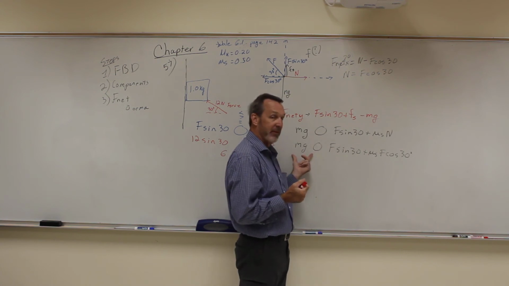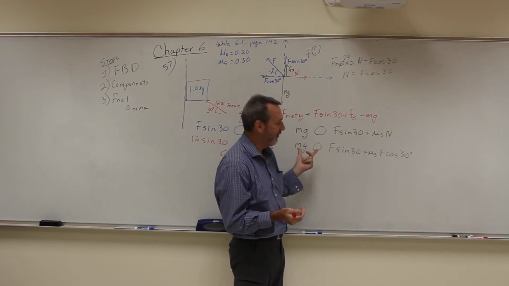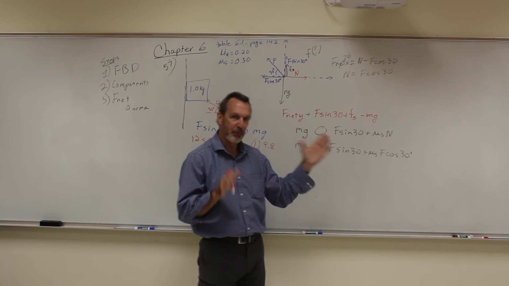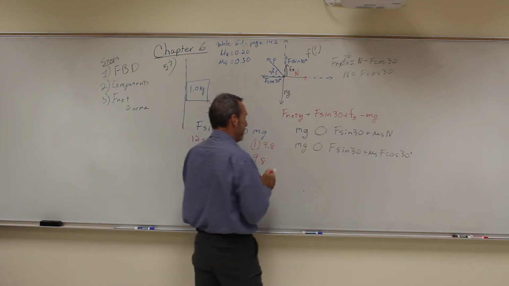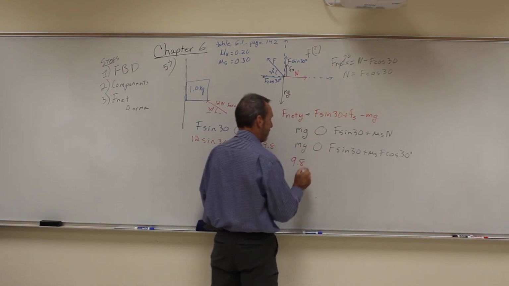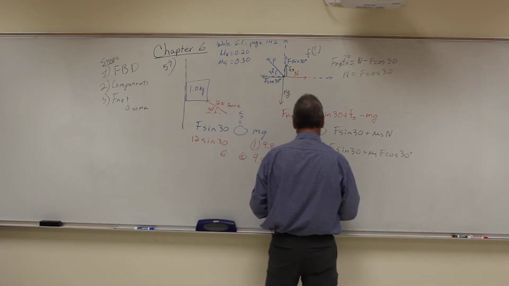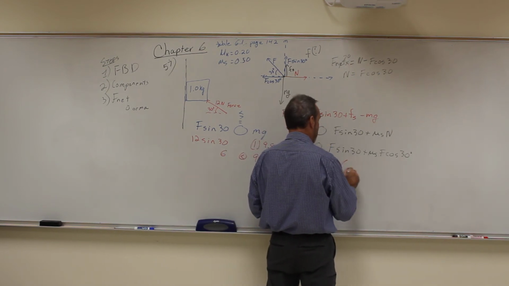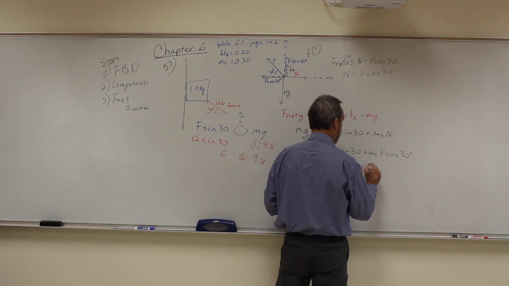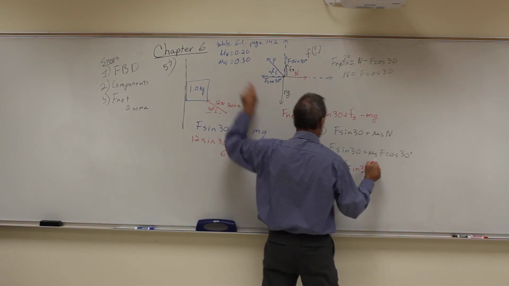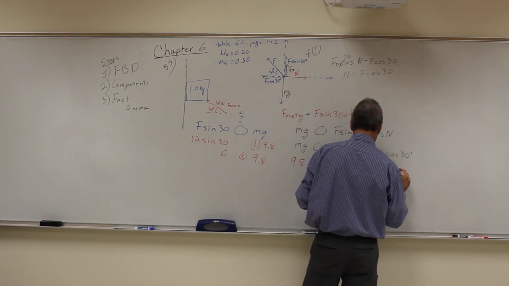If this is bigger than this, and we want to figure out how fast it's moving, we have to switch to kinetic. But first we got to see if it's going to move. So we know this is just equal to 9.8, that's 1 times 9.8. We know the applied force is 12, and notice I can factor that out. So that's 12 times sine of 30 plus mu sub s, which is 0.5, times cosine 30.